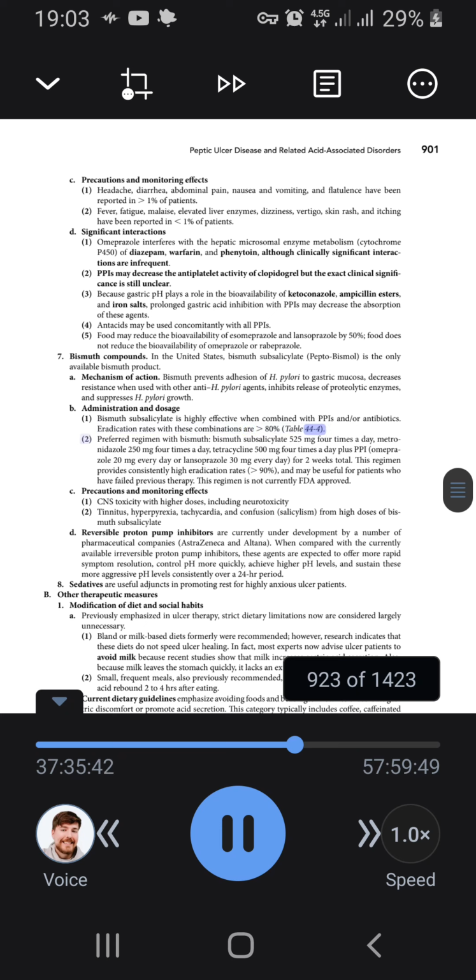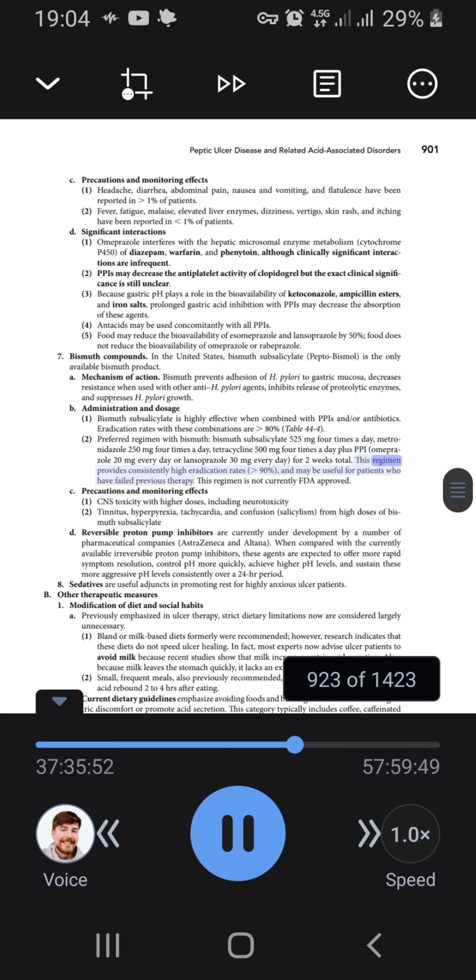Table 44-4. Preferred regimen with bismuth. Bismuth subsalicylate 525 mg 4 times a day, metronidazole 250 mg 4 times a day, tetracycline 500 mg 4 times a day, plus PPI: omeprazole 20 mg every day, or lansoprazole 30 mg every day, for 2 weeks total.